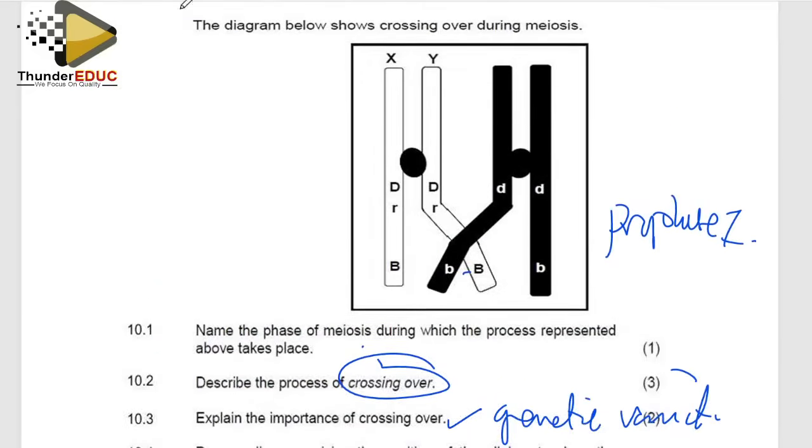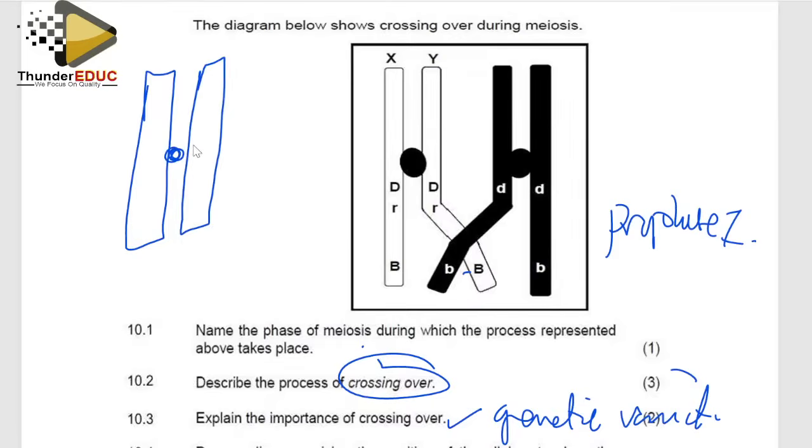So chromatid Y, after crossing over, is going to look like this. It's a box, another box, another box. So this is X and this is Y, and then this is D, then this is R, then this is capital B. But now the black will join the white, and the white will join the black.